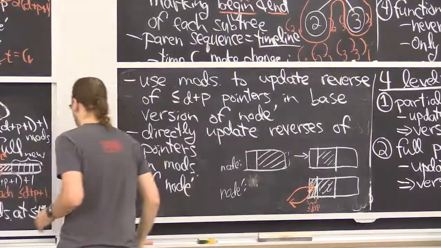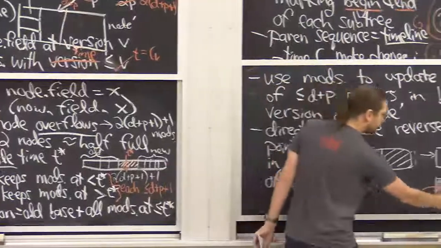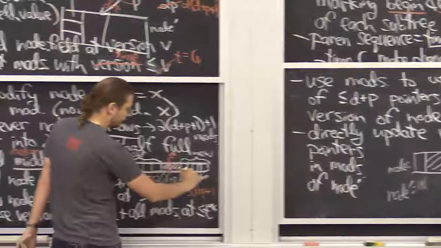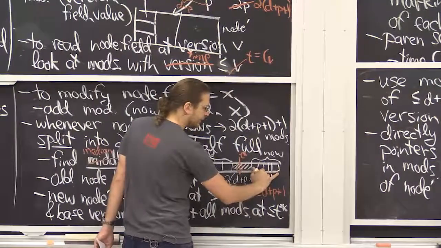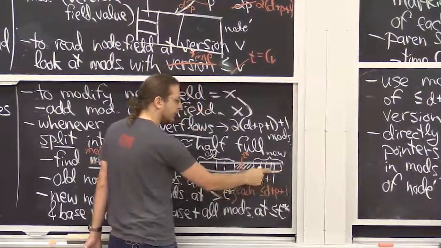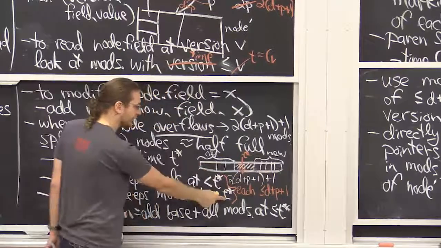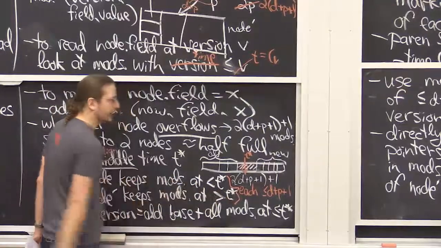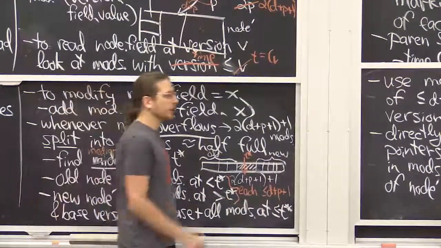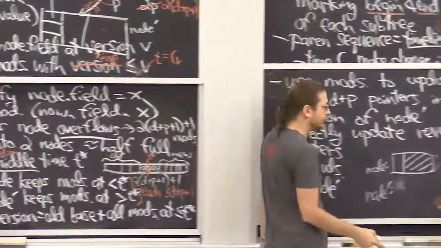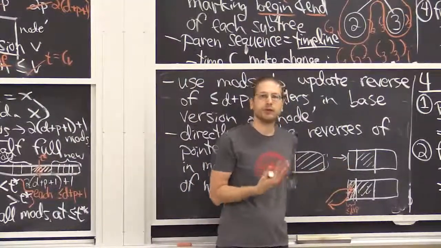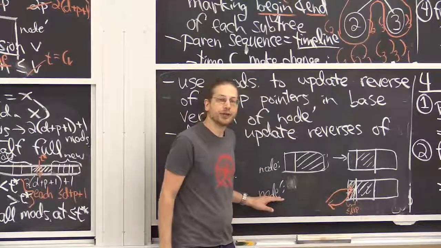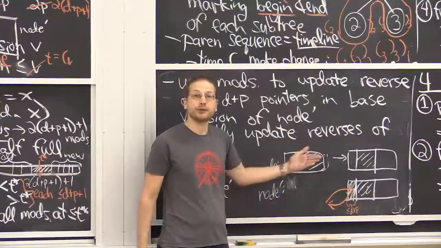Why? Because these mods that are in node prime correspond in the old world, before we did the split, to these mods. All of these mods are at time strictly greater than t star. That's what we said here. Node prime gets the mods that happen at time strictly greater than t star. That's interesting because node essentially is representing all the versions of this node before t star, and node prime is representing this node at times greater than or equal to t star.